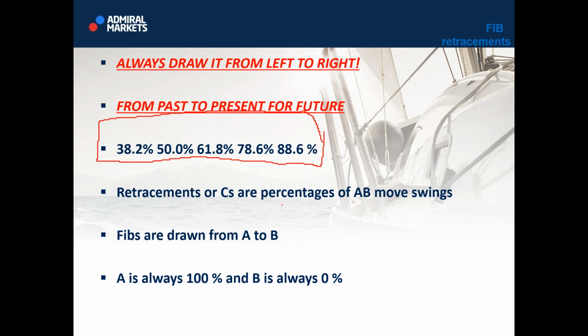Okay? Always from A to B, always from past to present, always from left to right. I will show you how to exactly draw waves later on a live chart. A is always 100, B is always 0.